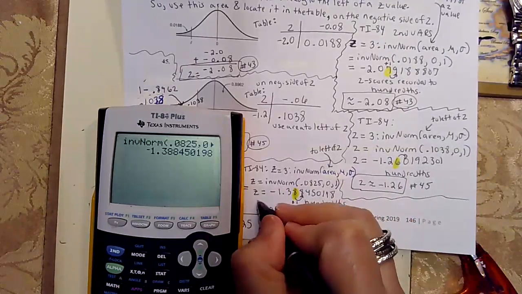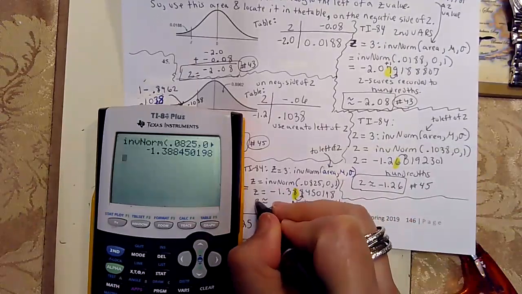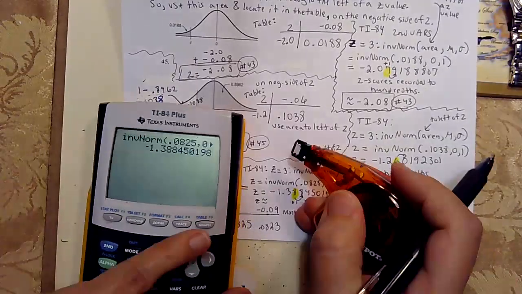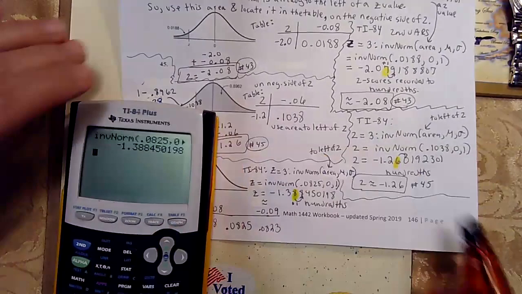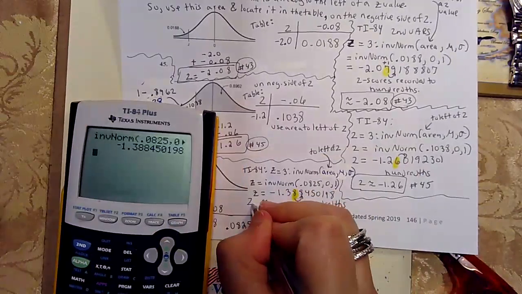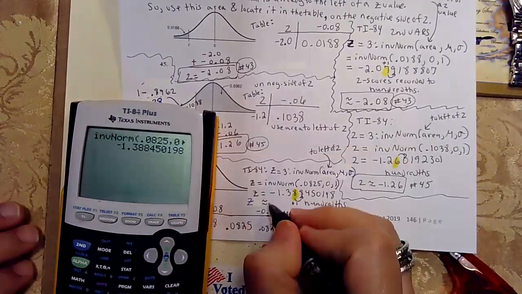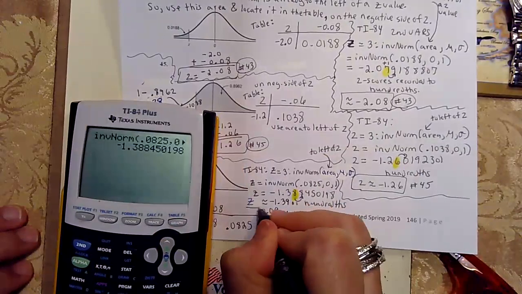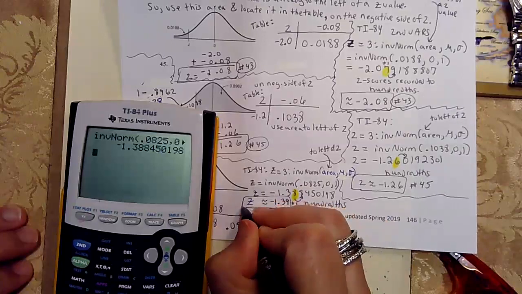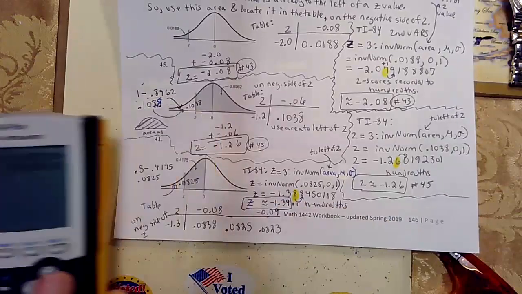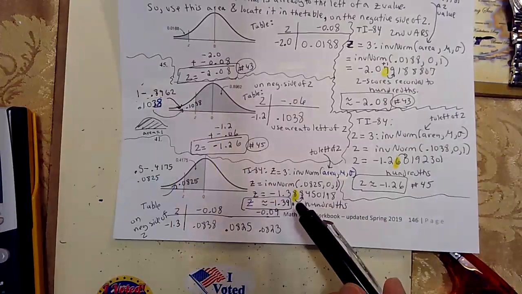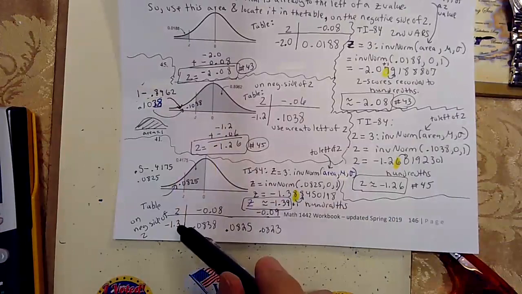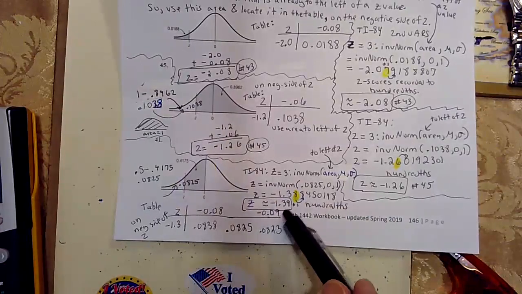So that's about negative 1.39. Okay. So the calculator went with the negative 1.39. See, so we knew it was between these two, and the calculator went with that. Okay.